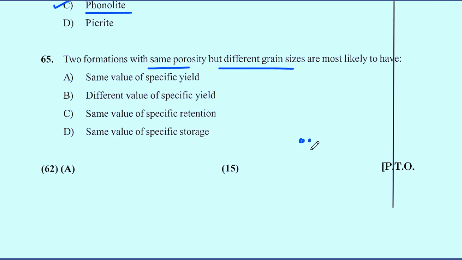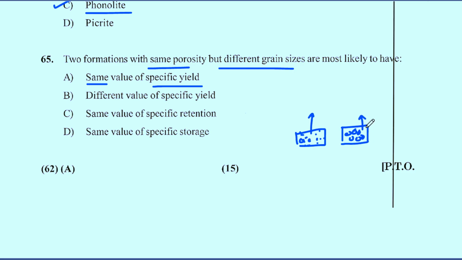If one has a grain size like this, and one has a grain size like this, then if both are of the same material, the specific yield is not the same, because one is finer grained and the other is a little coarser.